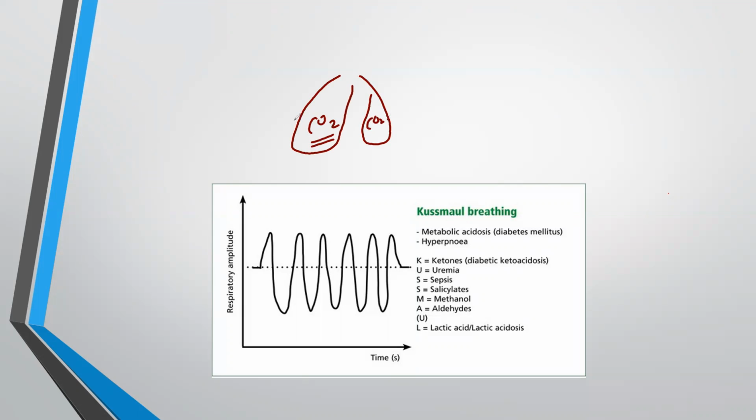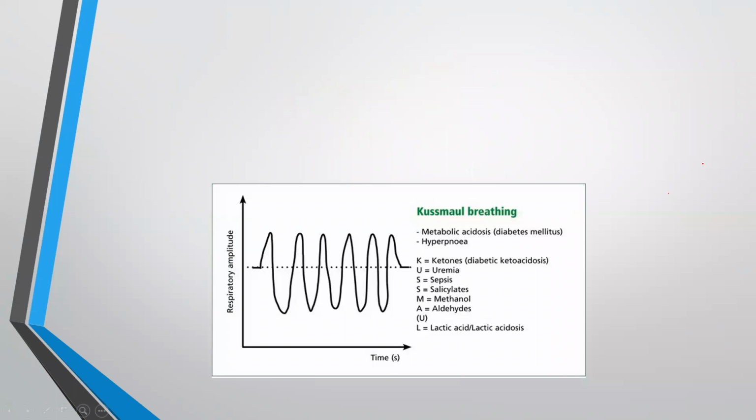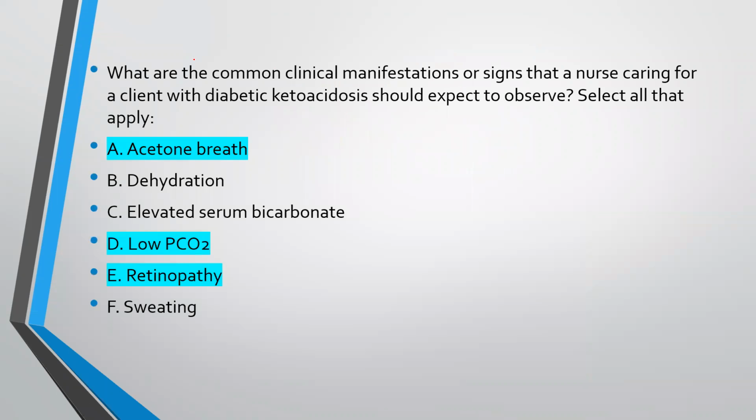When the patient breathes irregularly and rapidly, more and more carbon dioxide goes out from the lungs, so the partial carbon dioxide level will always be low. So these are all the features of diabetic ketoacidosis. Let's move to the right options.